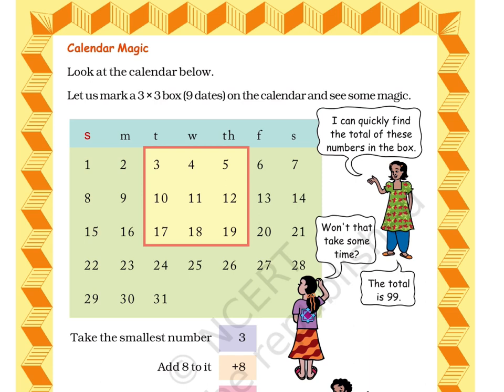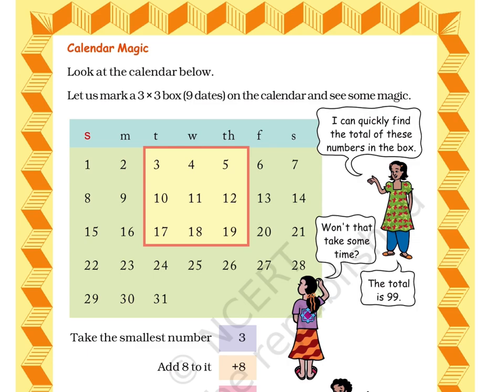To the right of the calendar, there's a picture of a girl who's saying, "I can quickly find the total of these numbers in the box." Another girl is a little confused and replies, "Won't that take some time?" The first girl quickly answers, "The total is 99.